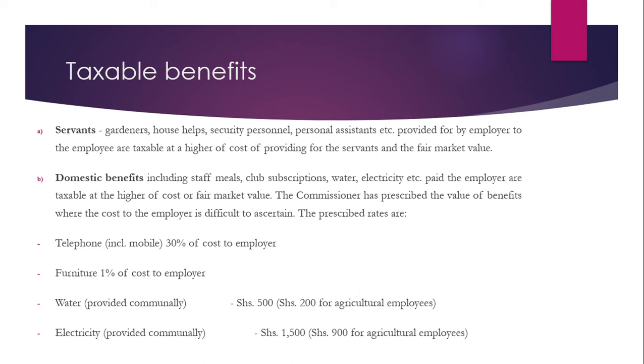Furniture is 1% of cost to employer. Water provided communally is shillings 500, or shillings 2000, or shillings 200 for agricultural employees. Electricity provided communally is shillings 1500, or 900 for agricultural employees.